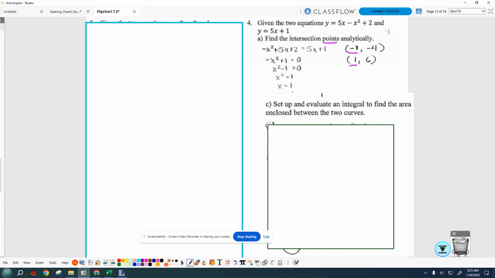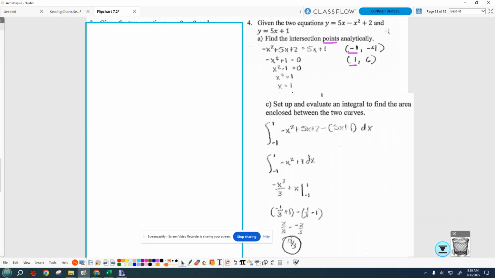I wrote it down as a coordinate. Finding the area between them is 4/3, if anyone got that far.